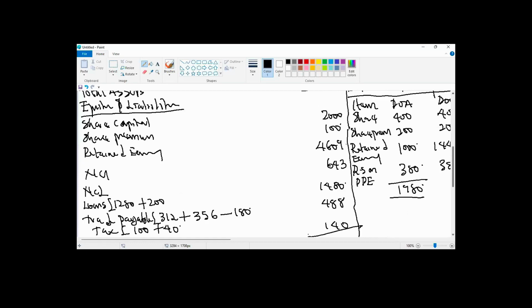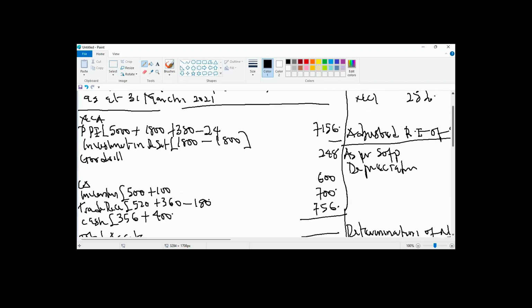I can now sum 7156 plus 248 plus 600 plus 700 plus 756. That will give me 9460.